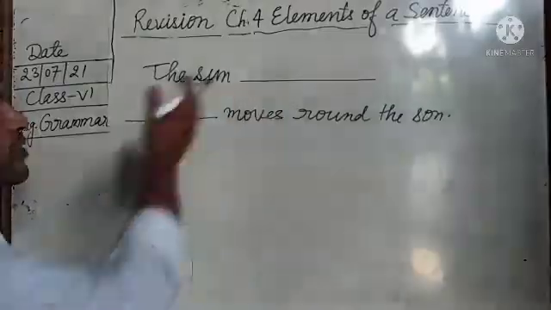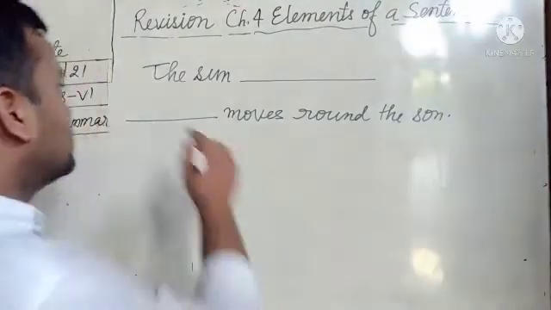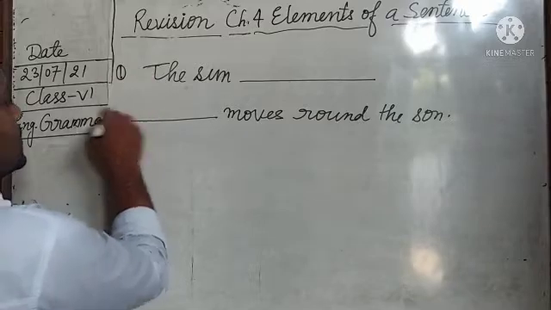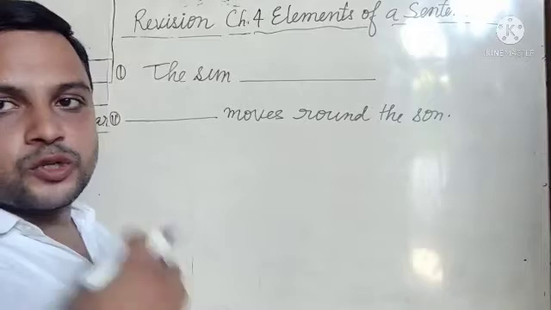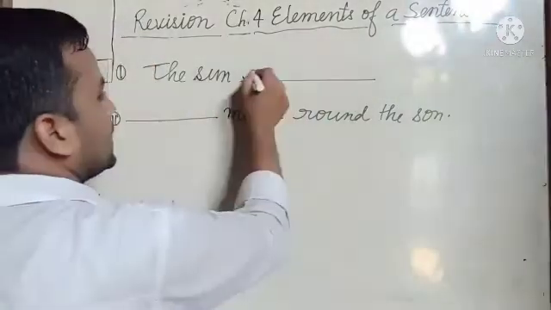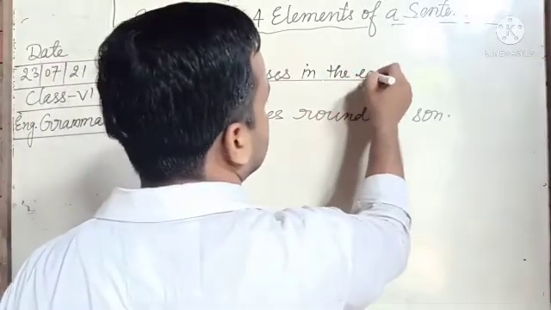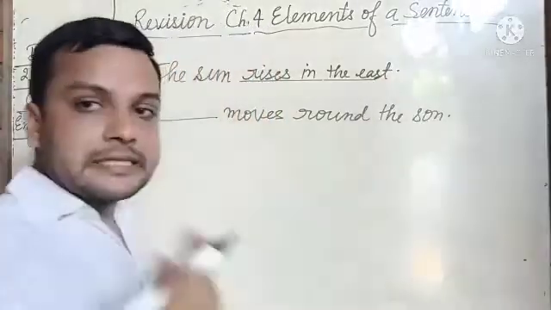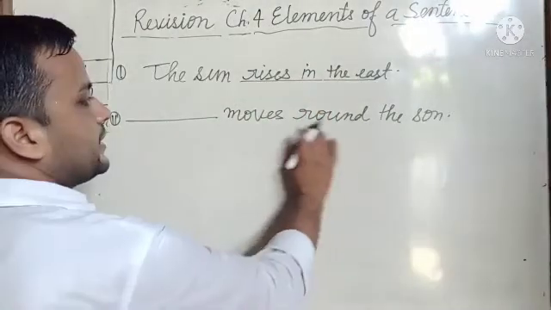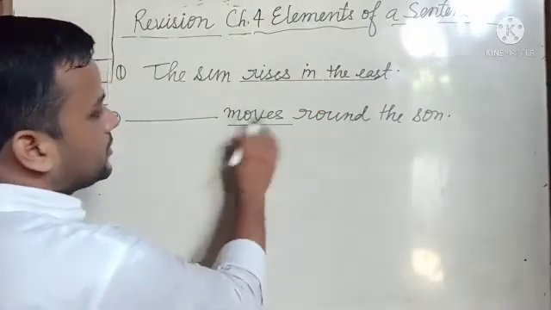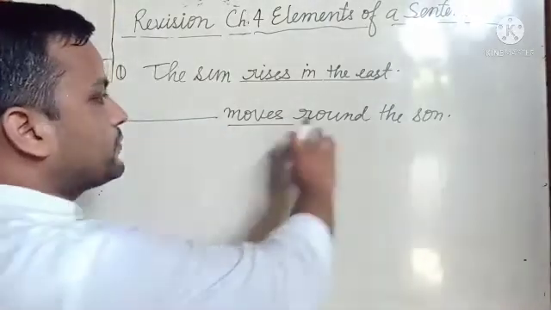Okay, students, now see some examples. Suppose the exercise is given in your book to add a subject and predicate. Here the subject is given and you have to add a predicate. The sun is the subject, so you have to add a predicate. The sun rises in the east. The sun sets in the west. You can write the predicate. Here the predicate is given, starting with the main verb: moves around the sun.